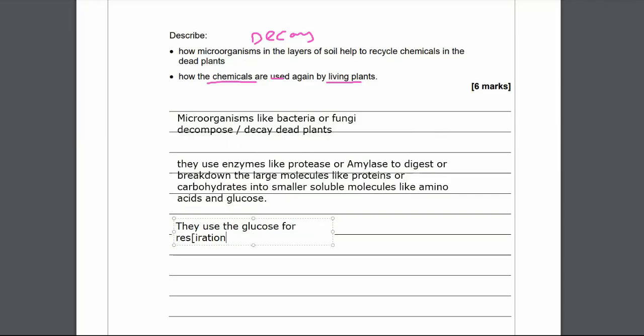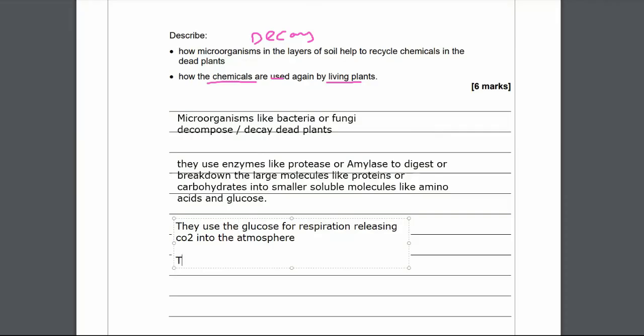Now, what do they use the glucose for? Well, the glucose is used for respiration. That's what the microorganisms do, and they release carbon dioxide into the atmosphere. Okay, so those chemicals are released into the atmosphere. They also release minerals such as nitrates, magnesium, phosphorus, and phosphates into the soil.